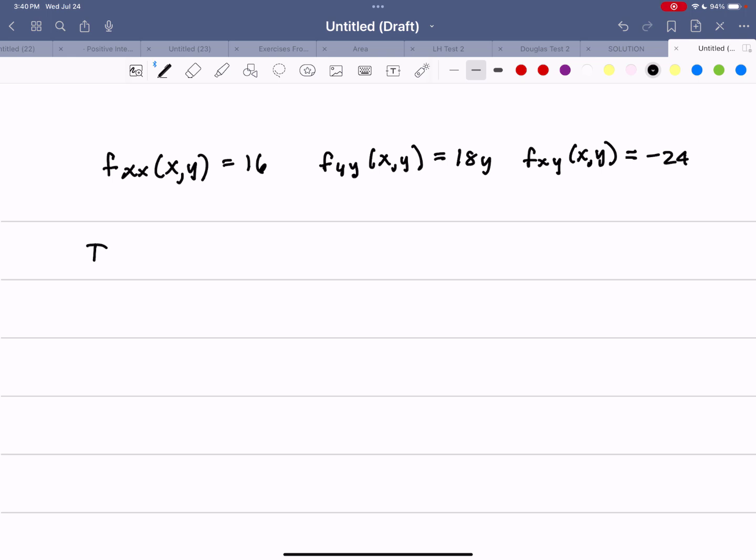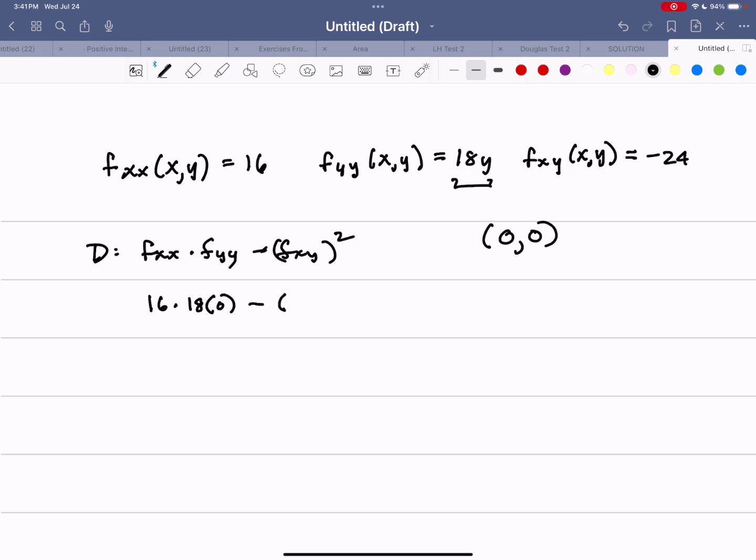So our D value is f_xx, I'm going to take the shortcut, f_yy multiplied together, subtract f_xy squared, right? So I'm just going to fill that in. It's going to be 16 times, oh, and by the way, the first time we're testing is the point (0,0), times, so look, f_yy is 18y, so it's 18 times 0, okay, minus negative 24 squared.